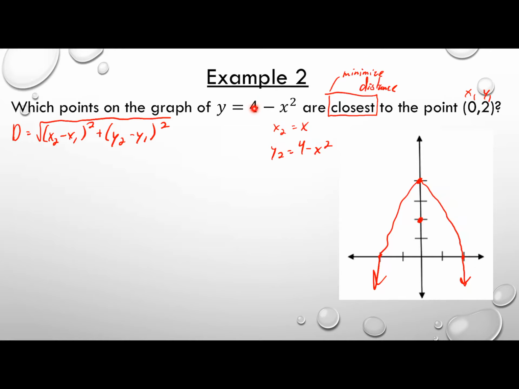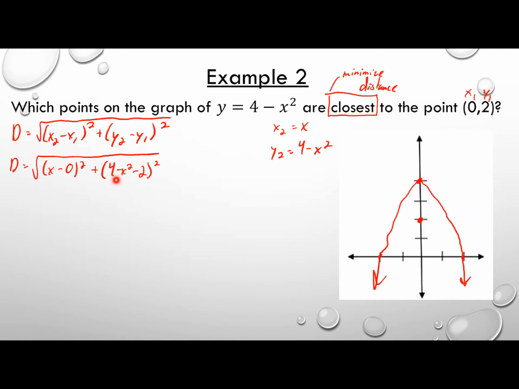So now we're just going to plug this all in. The distance is equal to the square root. So x1 is 0, y1 is 2, x2 is x, and y2 is 4 minus x squared.